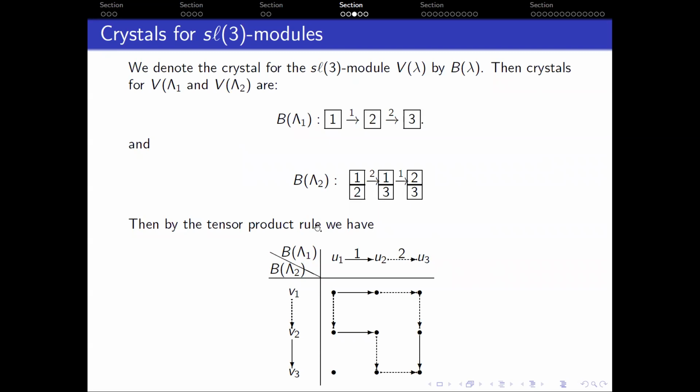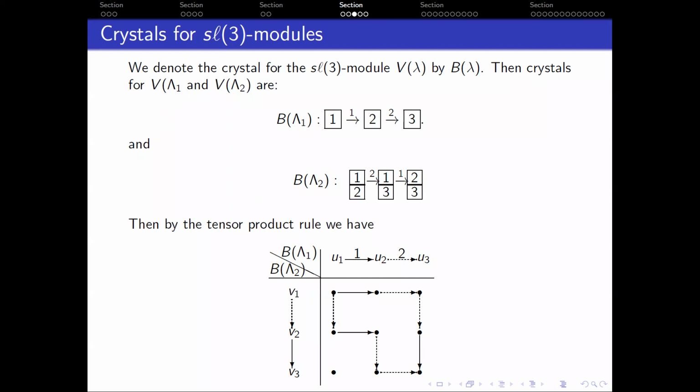And here, I gave you the example of a crystal. We'll denote the crystal for V lambda by B lambda. In particular, as I already showed, V lambda 1 is a three-dimensional representation space.